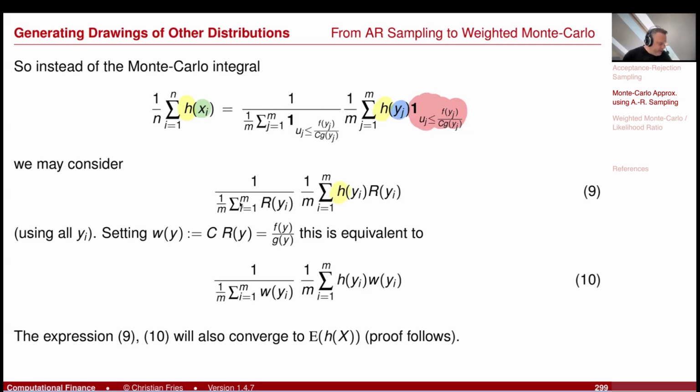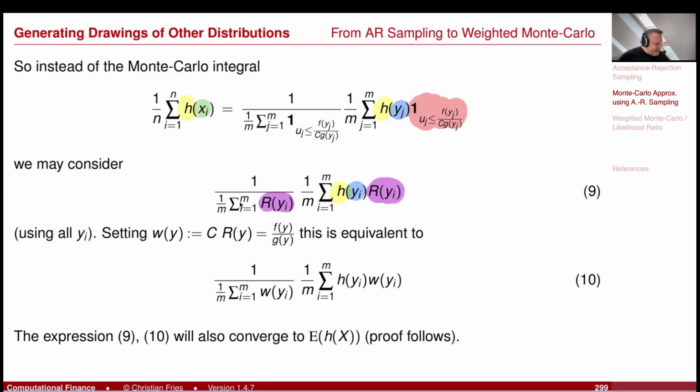Okay, now I move to an index i, yi, and I just multiply now with this weight r here. And maybe, intuitively, in front we sum not over the indicators, we sum over the weights. Okay, this is all a little bit heuristic. I will prove now that the result will also converge to the same value as the Monte Carlo integral here on the left-hand side.